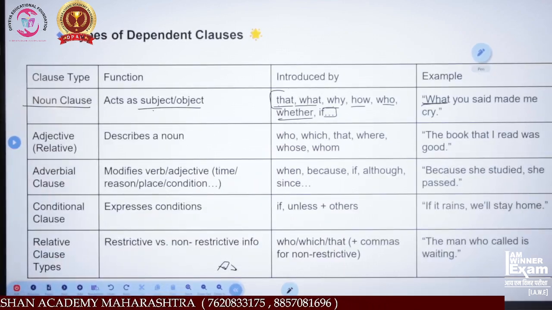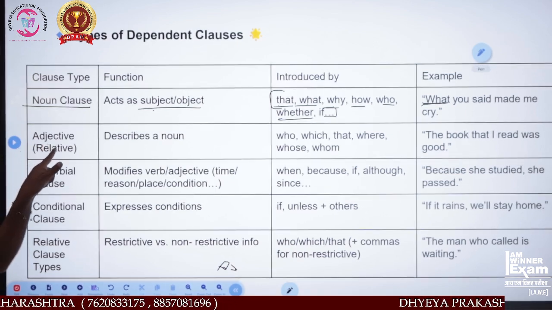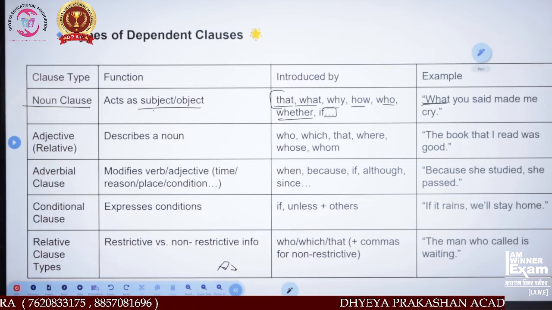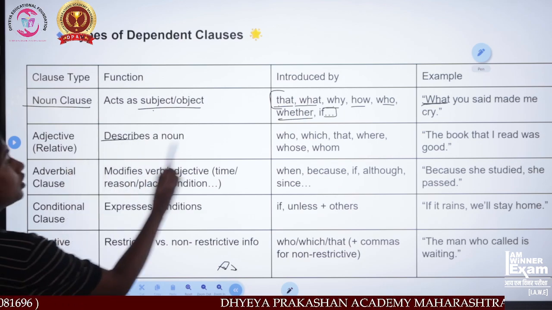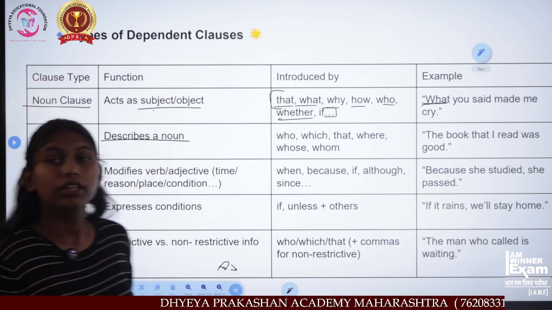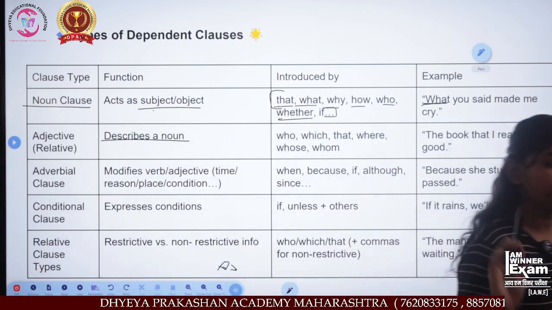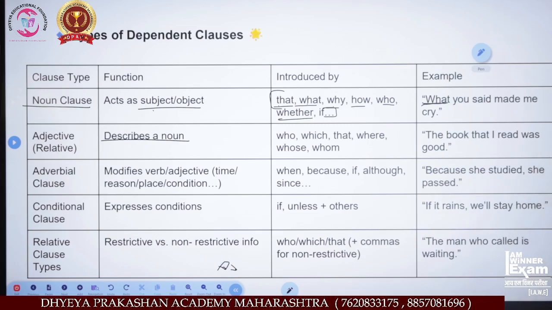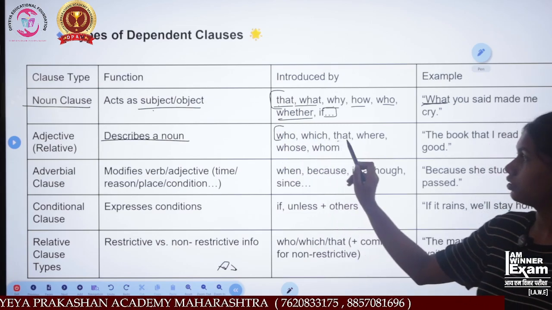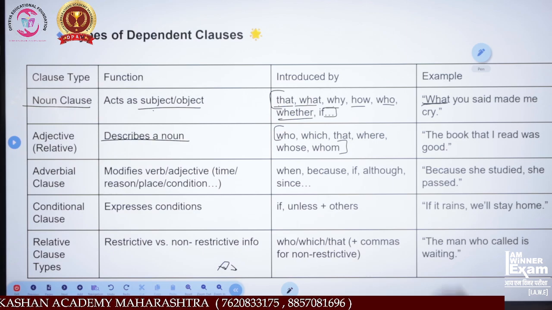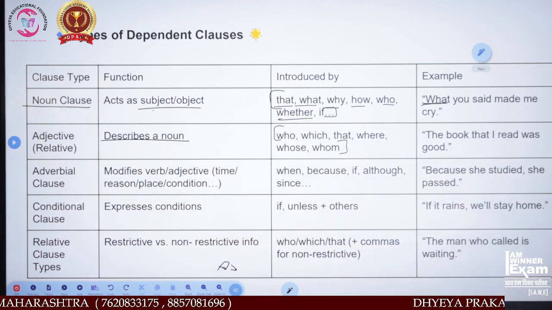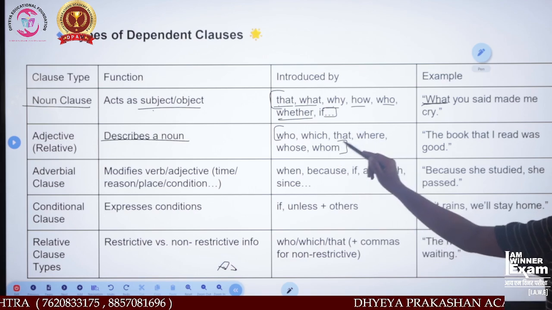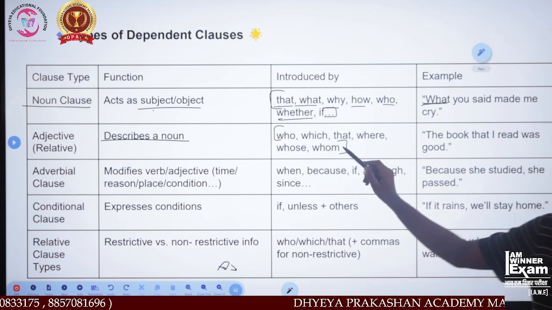The next is the adjective or relative clause. It describes a noun. These are some words by which you can identify this type of dependent clause: who, which, that, where, whose and whom.